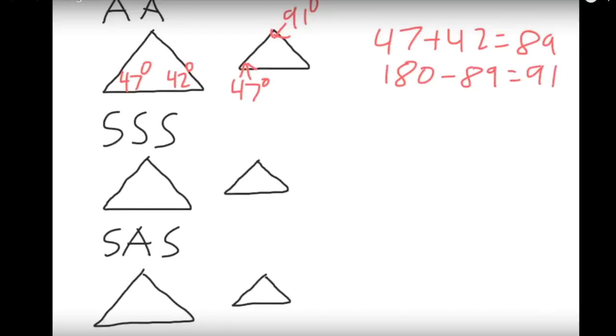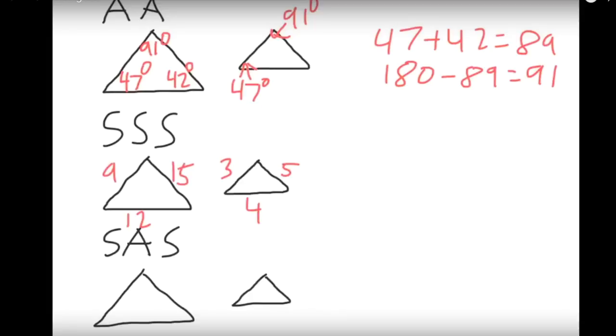So this angle right here is 91. Now we know that if this is 91 and that's 91, those 2 are now congruent. So we now have 2 pairs of angles that are congruent. So that means these triangles are similar.